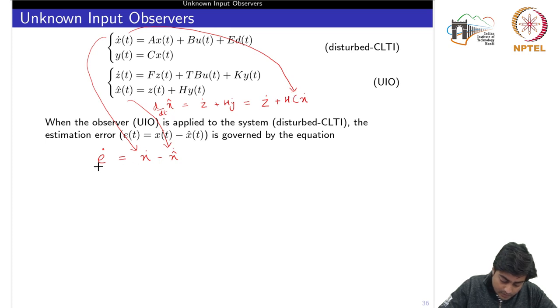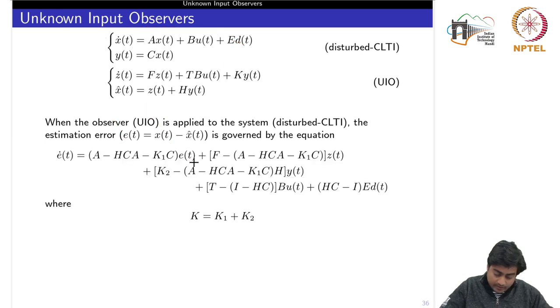Computing the error dynamics and simplifying, finally I would obtain that e dot is equal to some matrix times e(t), which is basically the state of the error dynamics, plus some matrix times z(t), which is the state of the observer.